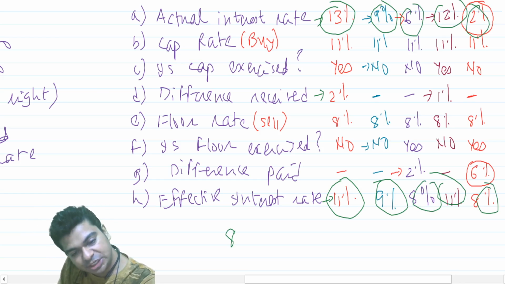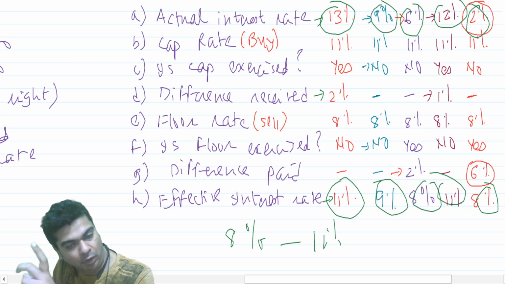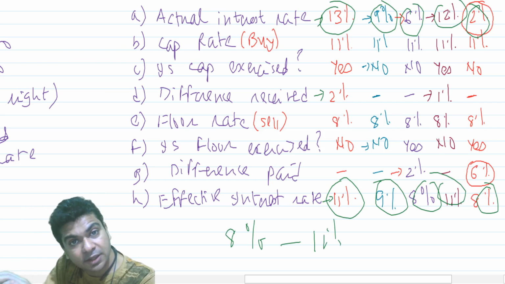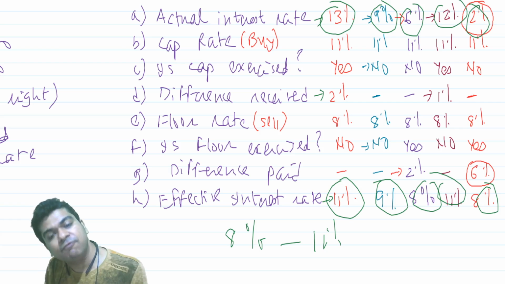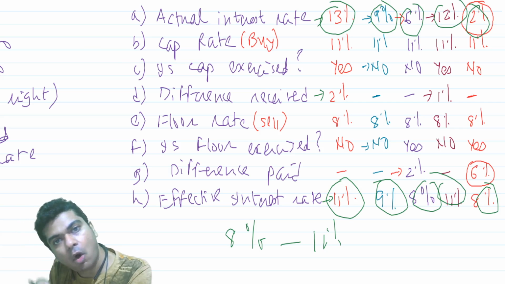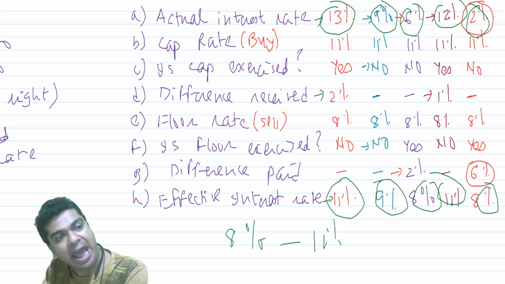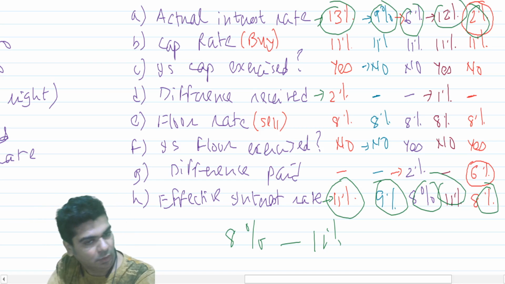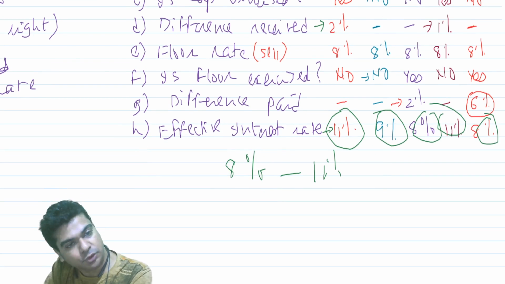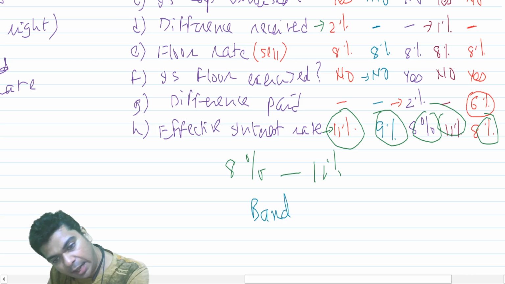We are getting a range, 8 to 11%. Your borrowing rate is never crossing 11% and is also never falling below 8%. This is what is happening in a collar. This is what a collar does. A collar will fix a band of interest rates. The technical term that we use is that a collar will fix a band of interest rate.